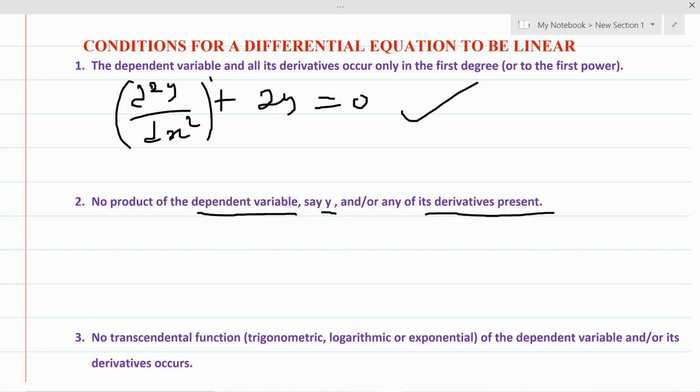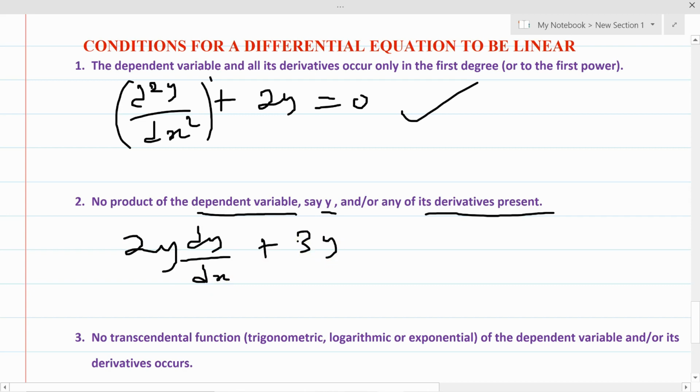So let's look at this. If I have something like 2y dy/dx + 3y = 0, is this linear? No, this is not linear, because you have a product of y, the dependent variable, and its derivative being present in this differential equation.